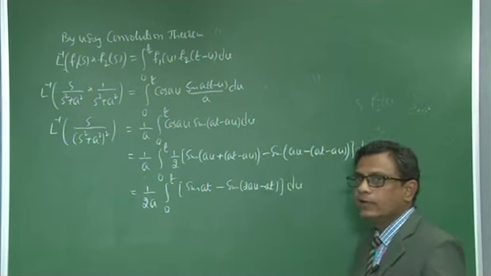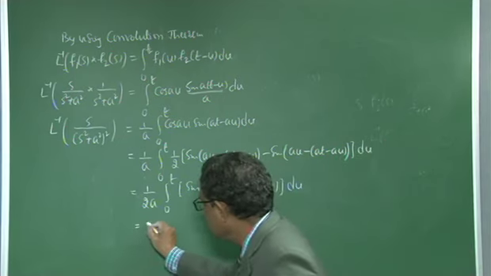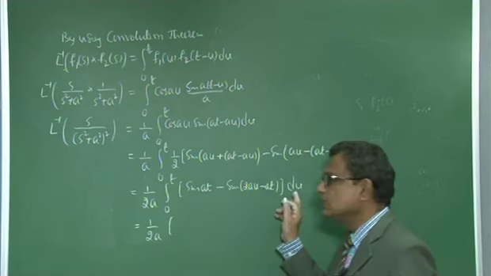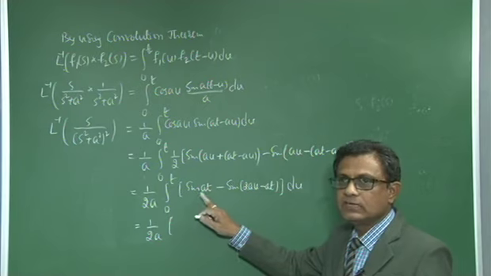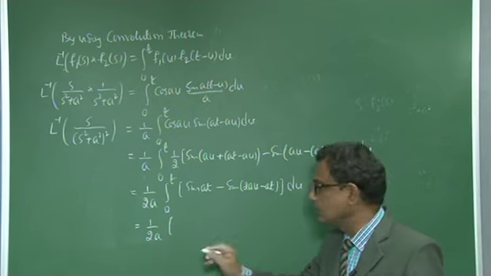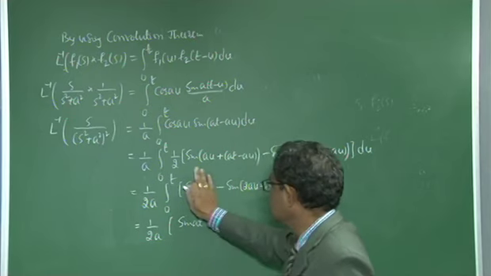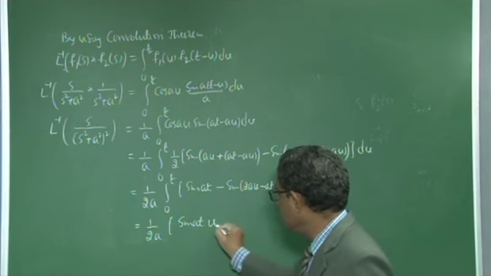Now, integrate with respect to u. Easily we can integrate with respect to u. With respect to u, what is this first term? Sin at. With respect to u, t is constant. Therefore, sin at is constant, integration of 1 du, that is u.